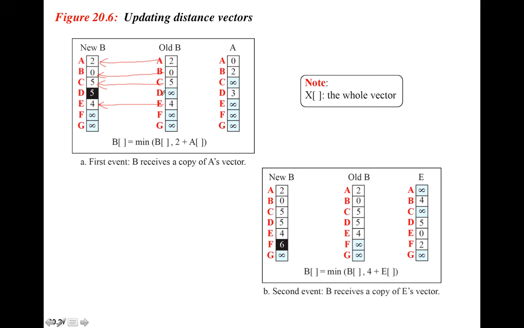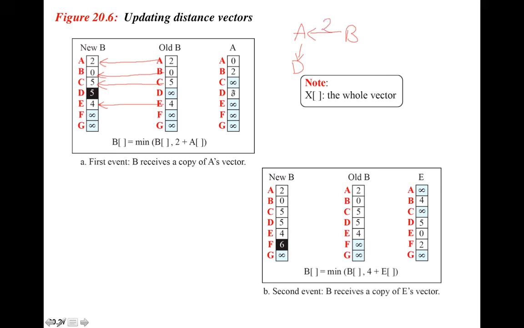But can we put 3 in here? No, because this is the distance from A to D and not from B to D. From B to D, we will have to go from B to A to D, right? This is the route we will have to take. And we know that from B to A, it is 2.